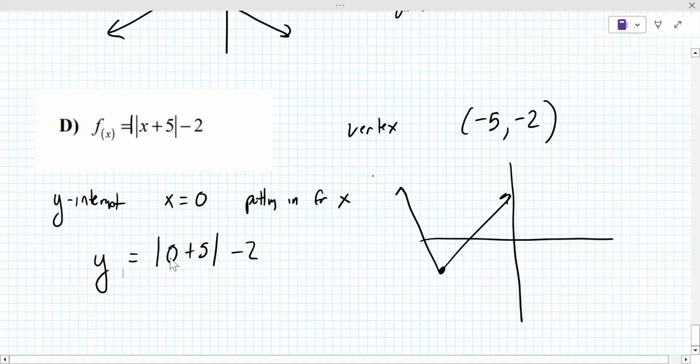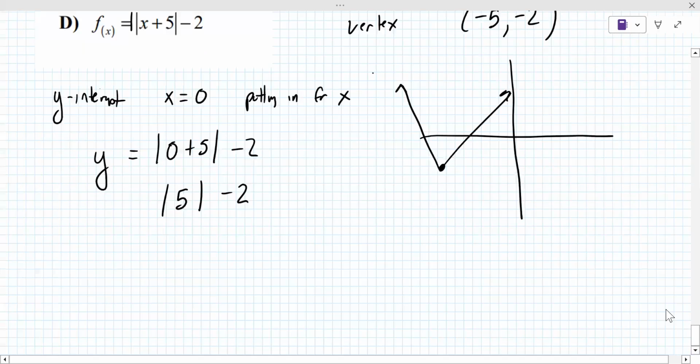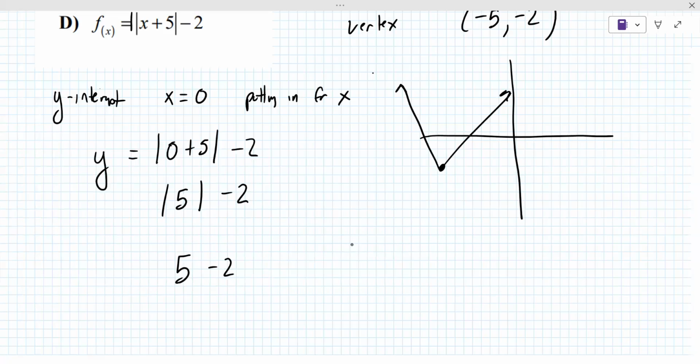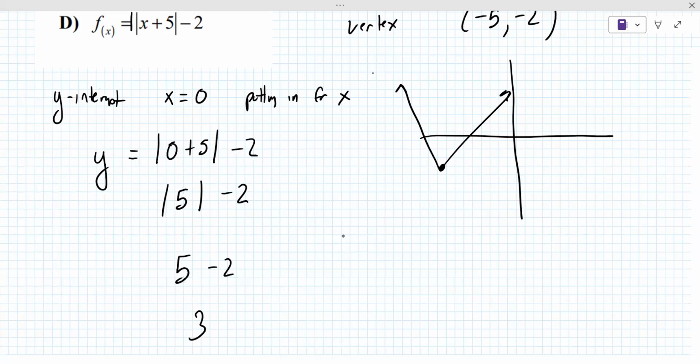What is 0 plus 5? Oh, 5. Okay, and the absolute value of 5? 5 minus 2. Yes, so the absolute value always returns positive. And then it's 3. Yes.